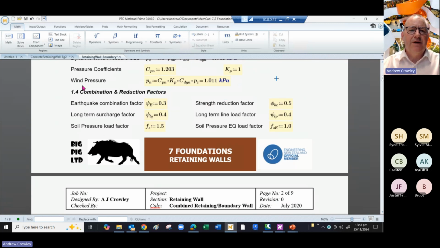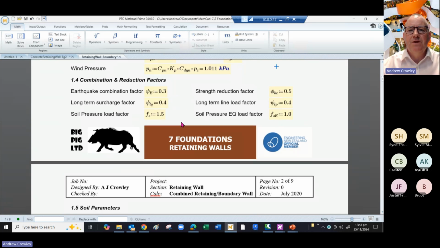So our combination factors for live loading on the back of the wall will be 0.3 in this case. We've got strength reduction factors as we've seen before as 0.5. If you're looking at long-term loading, you can look at reduction factors of 0.4, again, for the line load as well as the surcharge load.